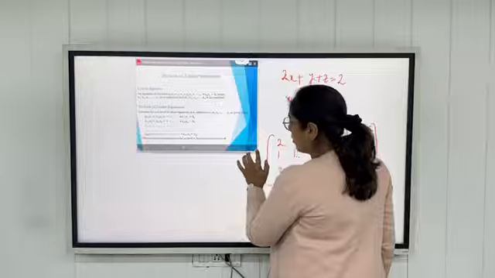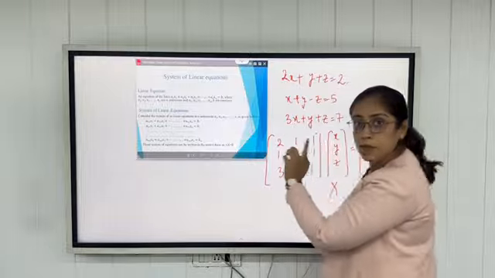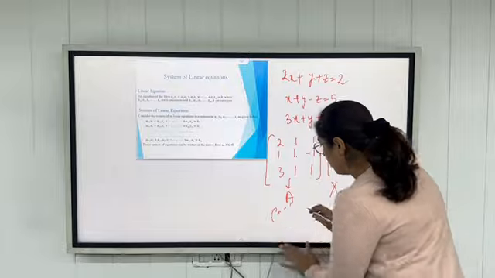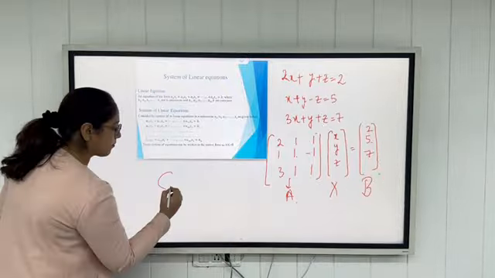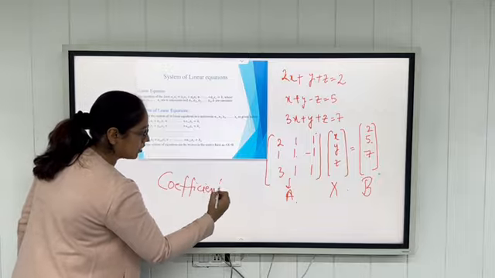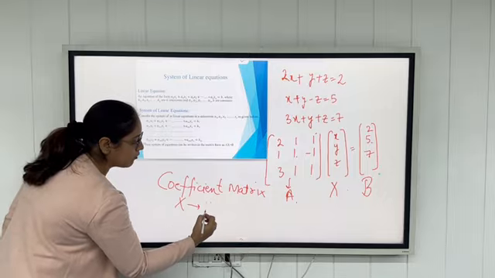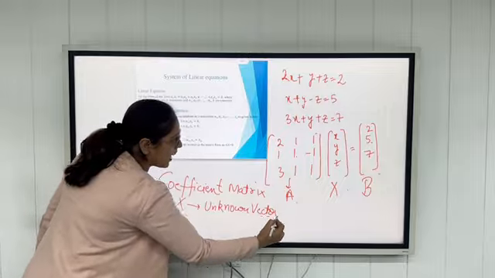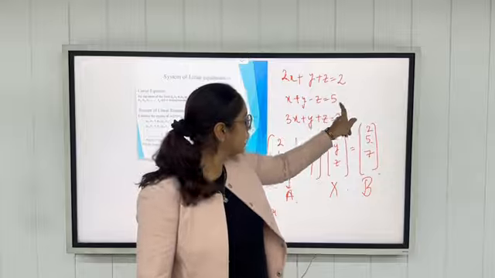I have written here already that any system of linear equations can be written in the form of Ax is equal to b, where this matrix A is called the coefficient matrix, x is called the unknown vector, and this column vector b consists of the entries b1, b2 and b3, that is 2, 5 and 7.